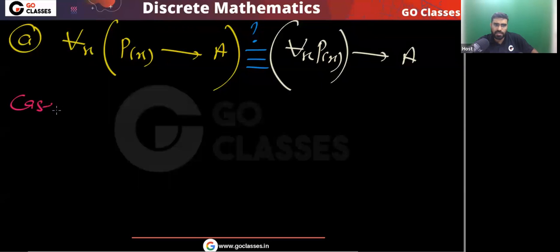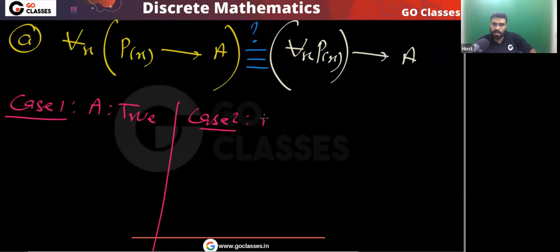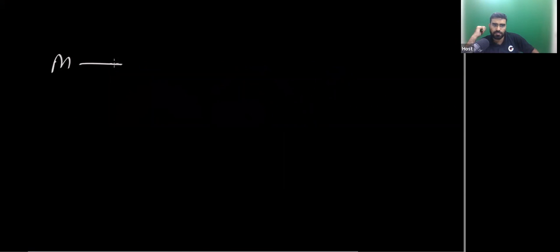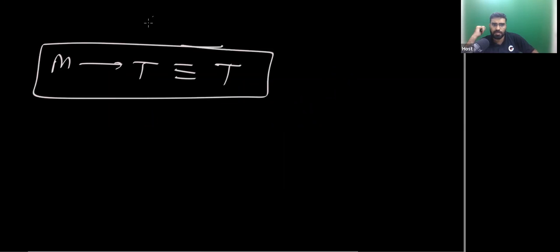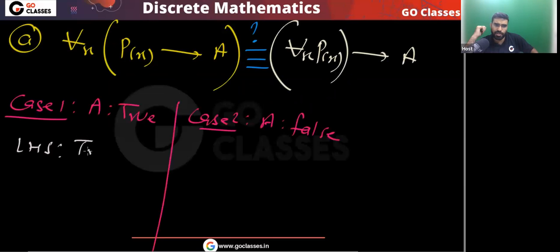Again, case 1, A true. Case 2, A false. In case 1, what will be LHS? A is true. So I told you M implies true is always true. So here I can say LHS will be true.